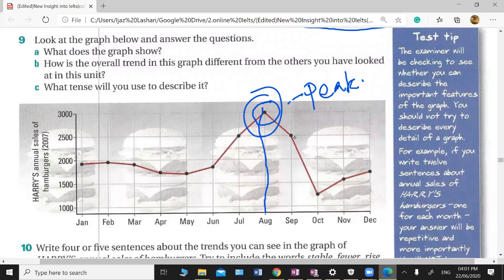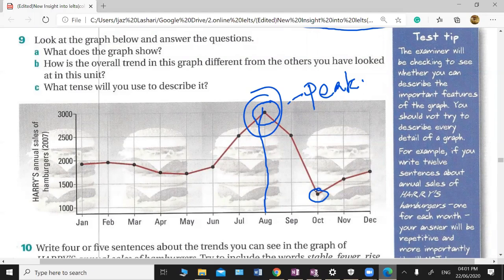And in October, it hit what? What was the word which we use for something, the lowest point? We studied certain words which we can use for touching the rock bottom, touching the lowest point. Yeah, it is a fall. But what kind of fall is it?